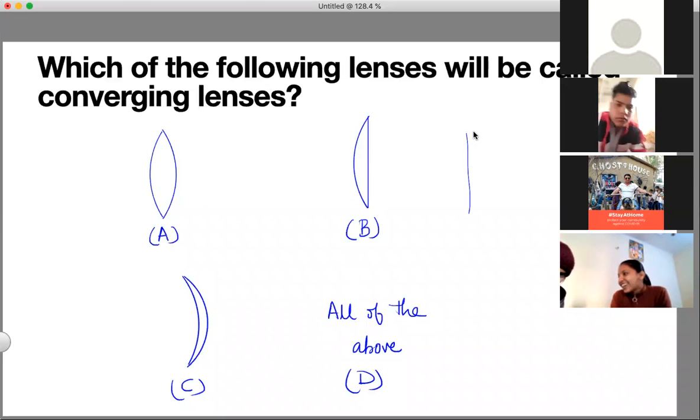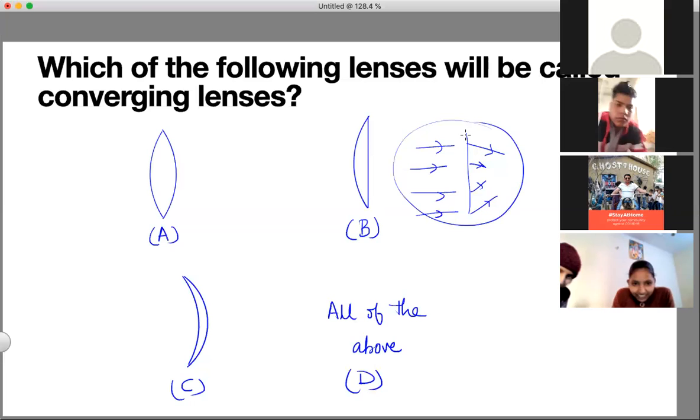Converging lens वो लेंस है कि अगर पैरेलल बीम ऑफ लाइट आए तो वो उसको कन्वर्ज करे ऐसे. ठीक है ना, ये जो करता है वो कन्वर्जिंग लेंस होता है. तो इनमें से ये कन्वर्जिंग है, पहले ये बताइए, इज दिस कन्वर्जिंग?